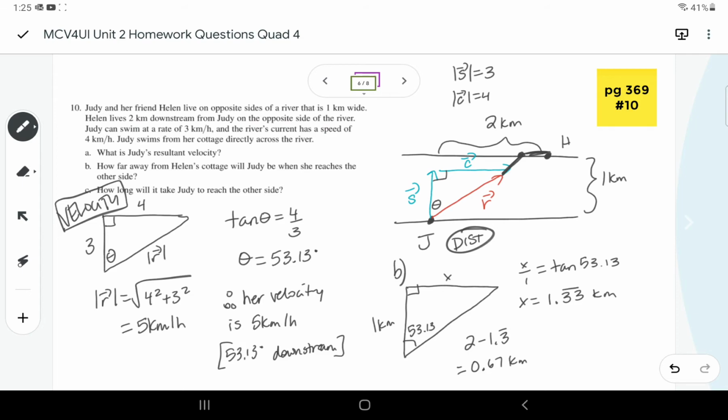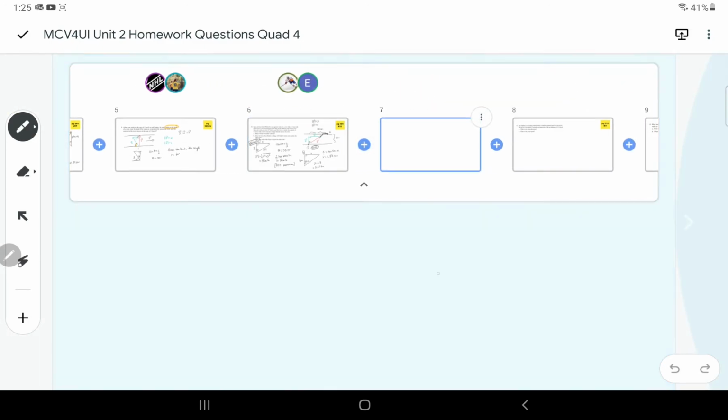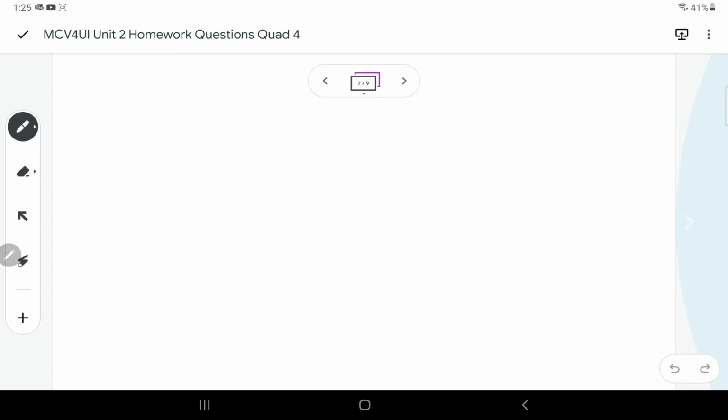Yeah. So then the last one, I'm going to need to squeeze another slide in here because I'm running out of space. The last piece says, how long would it take her to reach the other side? So we know that the magnitude of her resultant velocity is 5 kilometers per hour.